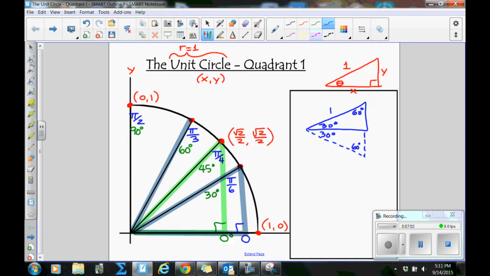And in an equilateral triangle, all the side lengths are the same. That means the short side of the right triangle is half of the hypotenuse.